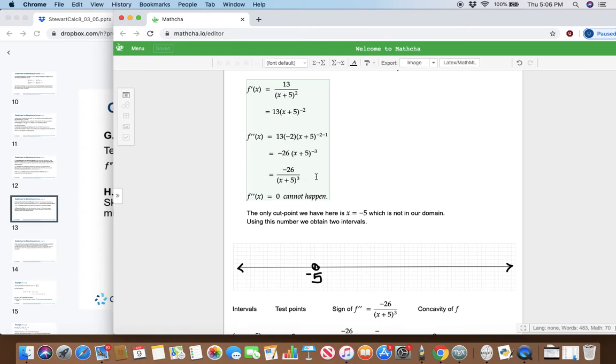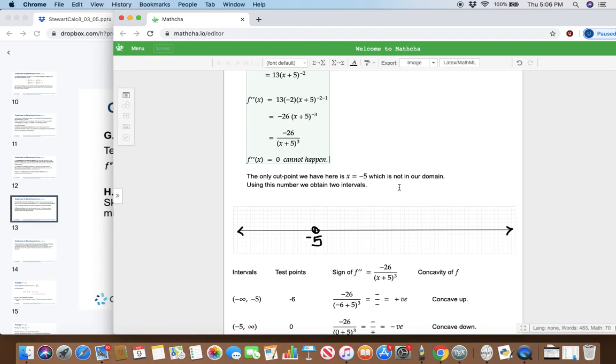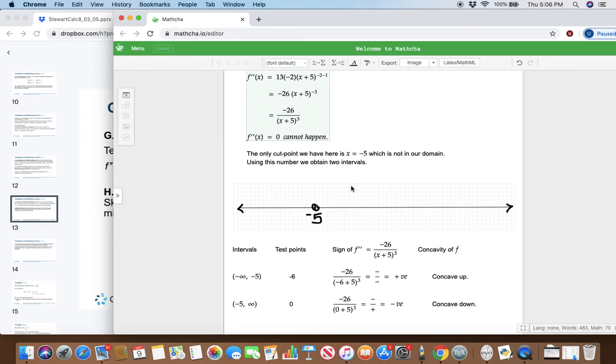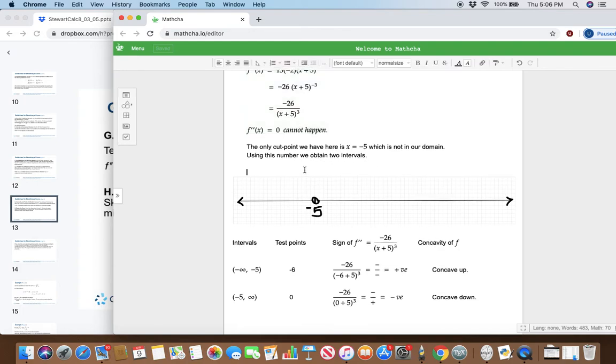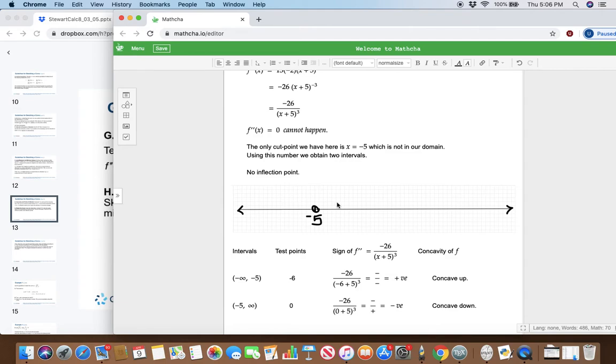The fraction cannot be 0 as long as the numerator is not 0. So the only cut point we have here again is x equals negative 5, which is not in our domain. So that is not going to give us an inflection number. Okay. So no inflection point.